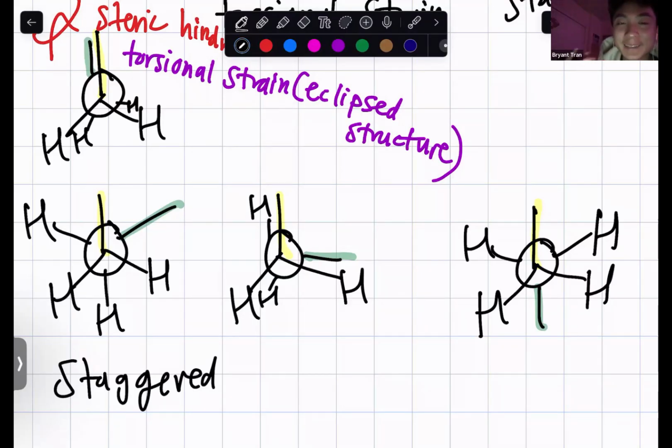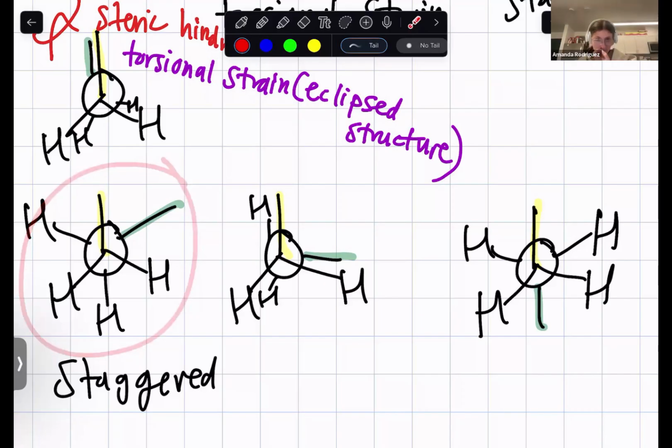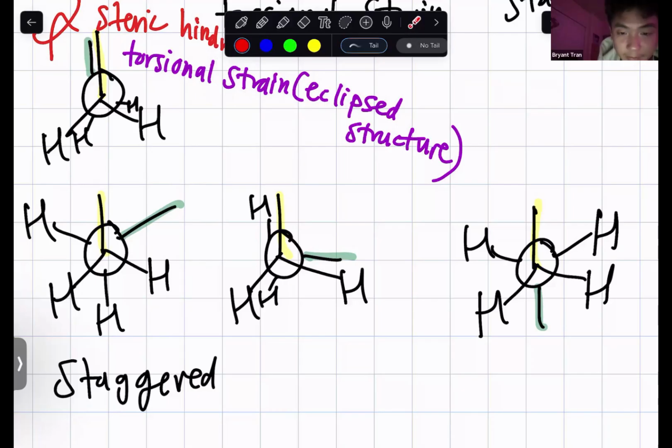So is this Newman projection right here anti, gauche, or somewhere in between? To determine that, look at the relationship between the two bulkiest groups.